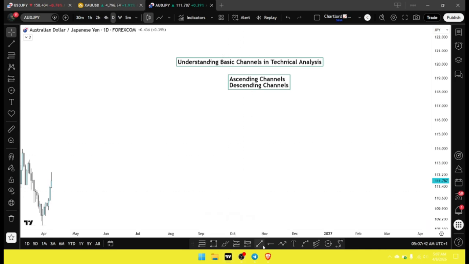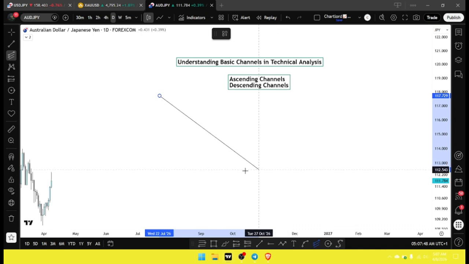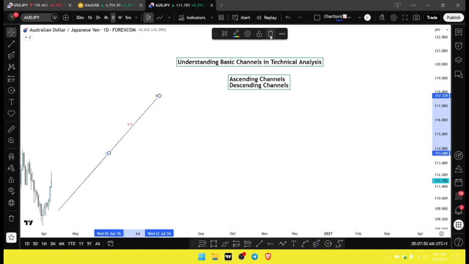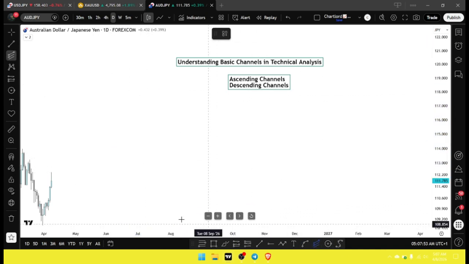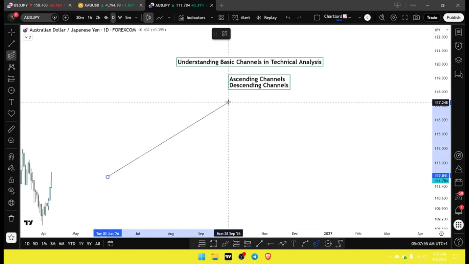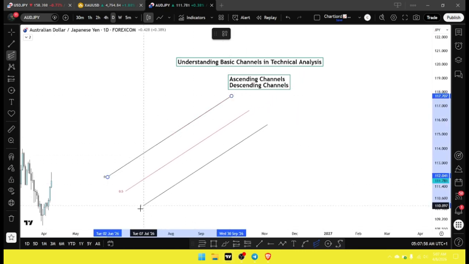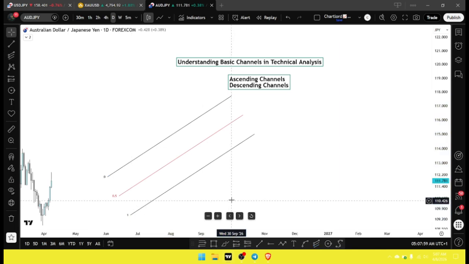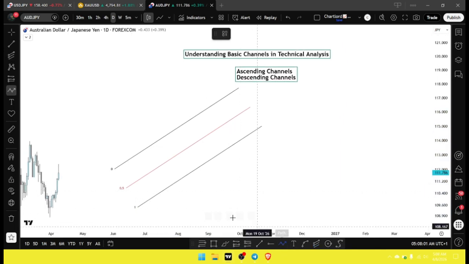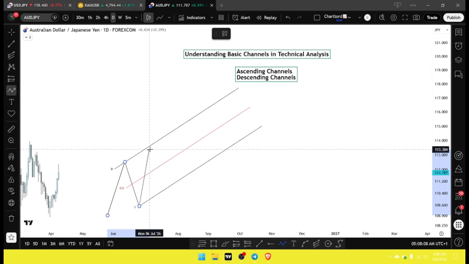Okay, let's deal with ascending channels first. We have channels like this whenever you see price move in basic market structure, actually creating higher highs and higher lows, higher highs and higher lows, just like this.